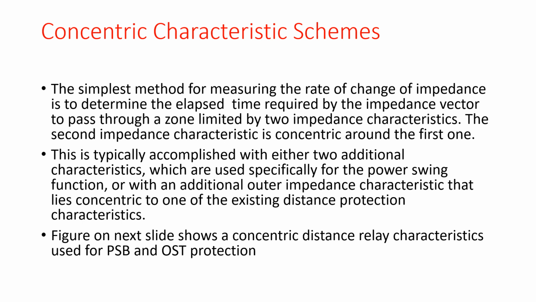For this, we create a concentric characteristic, whose setting is on the outer side of the largest setting on the relay. Suppose there is a third zone setting in a circle, parallelogram, lenticular or polygon characteristic; a larger fictitious characteristic with a certain impedance will be drawn.